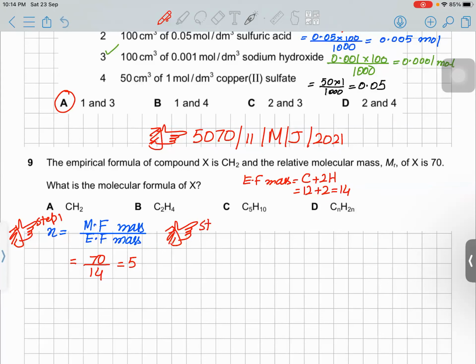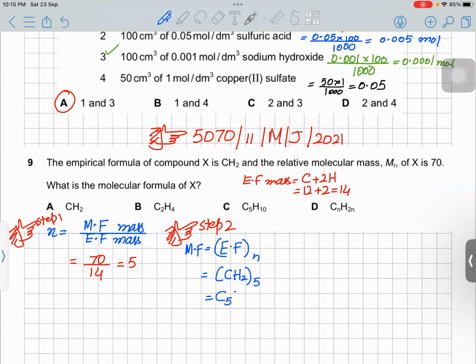Now step 2. Empirical formula multiplied by n gives the molecular formula. So the empirical formula is CH2, n is 5.